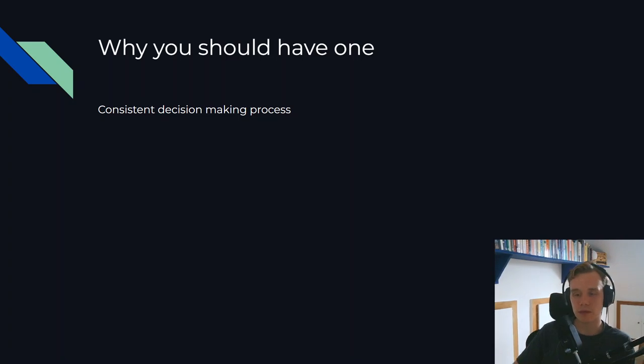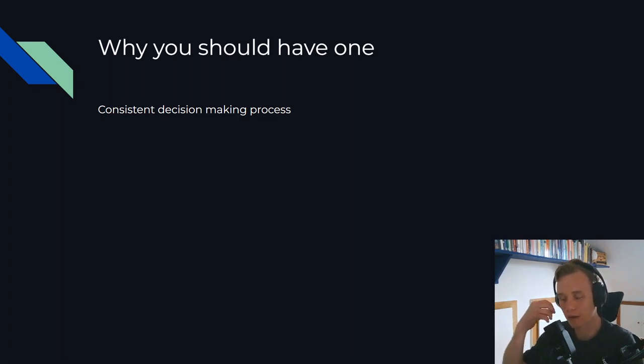So a consistent decision-making process is very important when it comes to trading, and having a trade plan allows us to really extract that knowledge out of our mind on what it is that we're going to be doing and put this strategy onto paper, so that when we're looking at the markets and perceiving this information, we're not umming and ahhing about what this means and what to do with it.